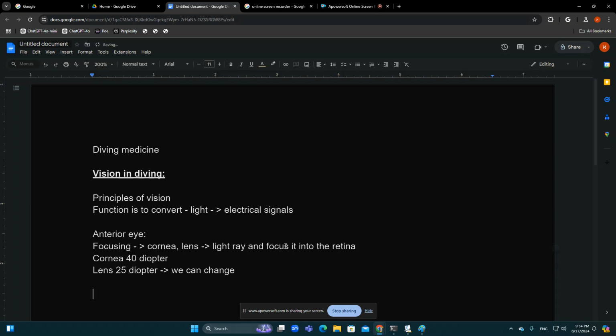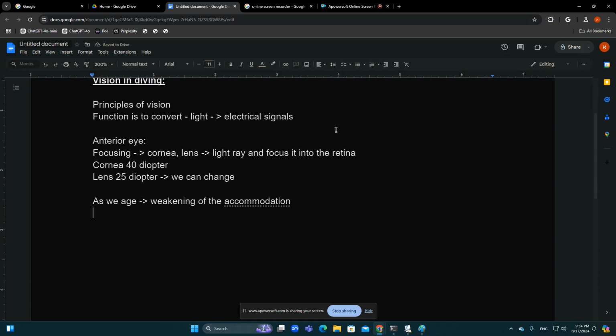Now, as we age, the power of accommodation is weakening. This is the reason why people who get old have a harder time focusing the light rays. So this is the anterior part.